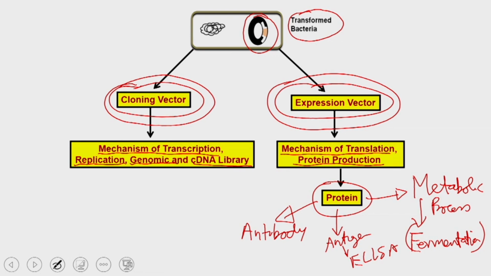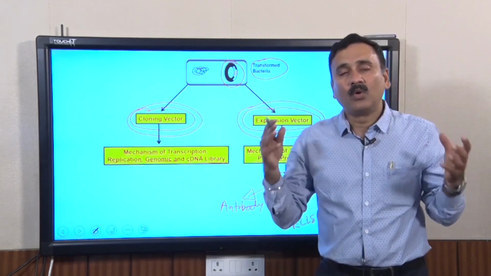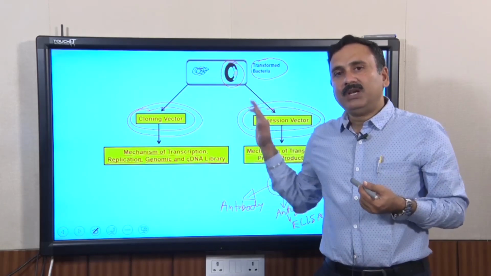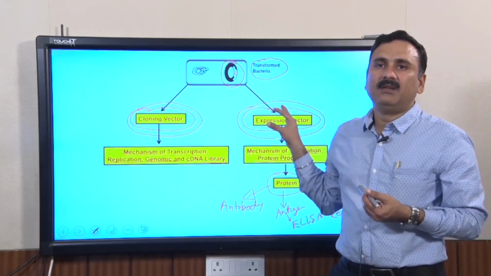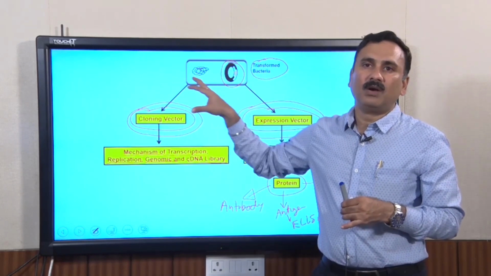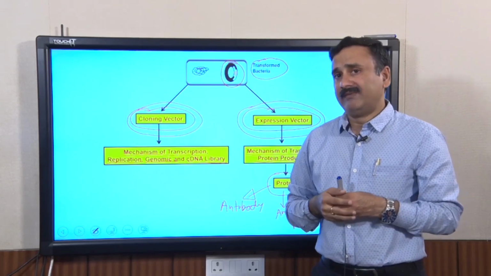So, once you generate a recombinant transformed host using an expression vector, you are ultimately overexpressing the protein, and the utility of this is much greater compared to producing a recombinant clone in the cloning vectors.